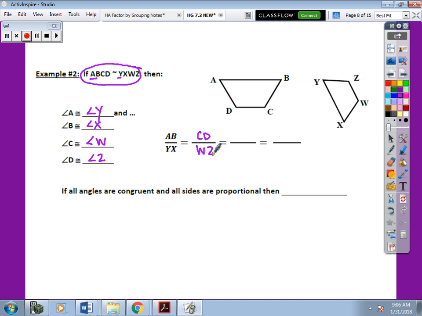Maddie? BC over XW. Good. Middle two letters, and then there's one more. It's the one we're missing. No? AD over YZ. Good. AD over YZ. So if all the angles are congruent and all the sides are proportional, then the figures are similar.